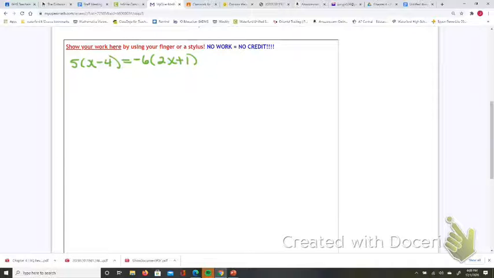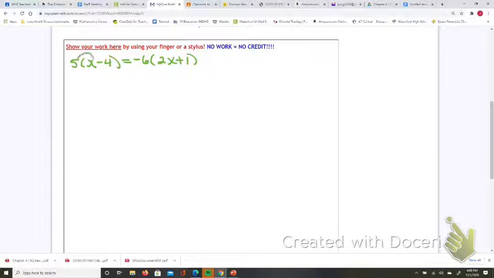Okay, now when we get to number 3, you're going to notice this one's different than number 1 and number 2. So if you look at it, do you notice they've got parentheses? When there's parentheses, we have to distribute. Remember that when you have 5 and then a parenthesis, it means 5 times everything in the parenthesis. So when you distribute, you're multiplying.